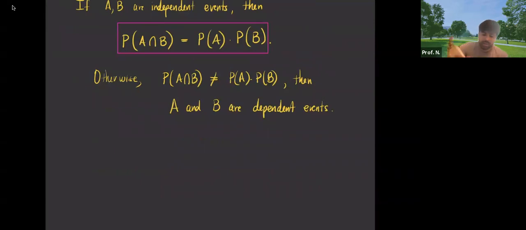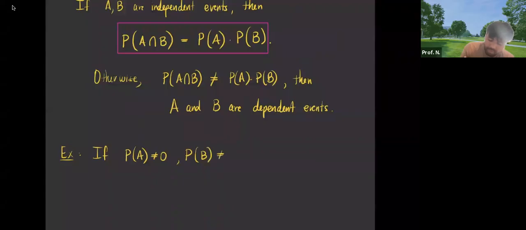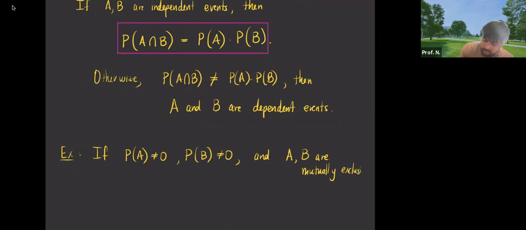Okay, so my first question would be: if the probability of A doesn't equal 0 and the probability of B doesn't equal 0, and A and B are mutually exclusive, are A and B independent?